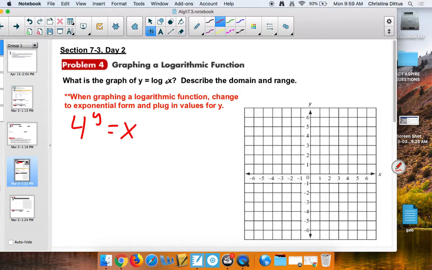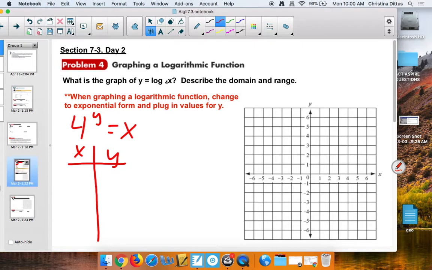It's just that this is a lot easier to put into a table. Okay? Tables are how we're going to graph. So we got our xy table. The only thing that's different about this compared to exponential form is that we're actually going to fill out the y side first because picking exponents is easier than picking answers.